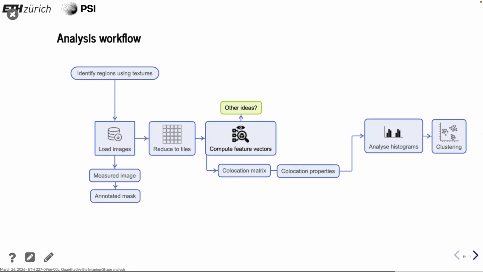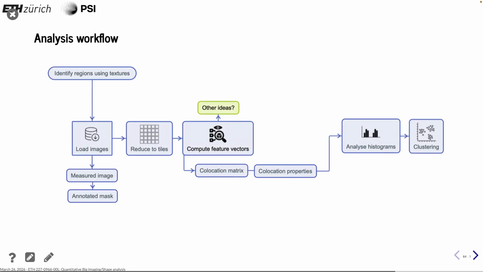So I use the gray level co-occurrence matrix to analyze it with the help of some metrics that can be extracted. First of all, the workflow would be first loading the images. We have some measured image and an annotated mask.